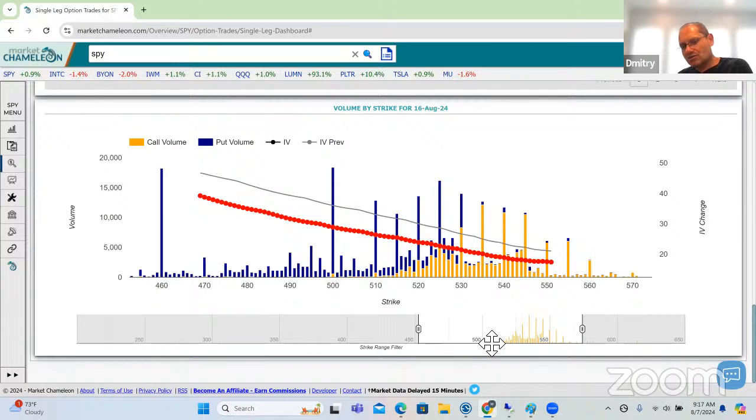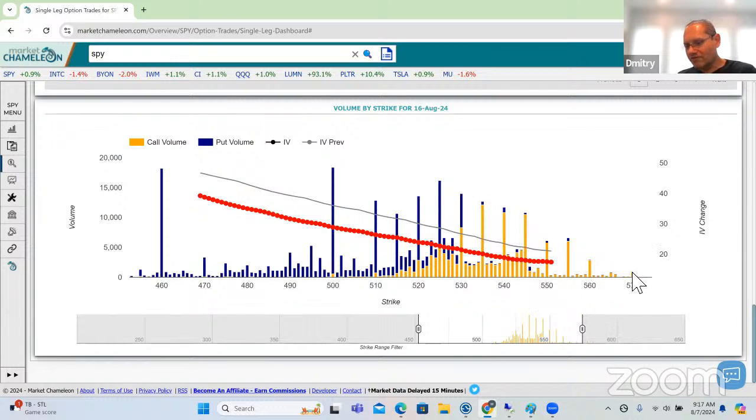It's clear that to the downside, it's mostly puts, from the blue bars. And as you go to the upside, it starts to look like mostly call options, maybe around the 535 strikes and so forth.